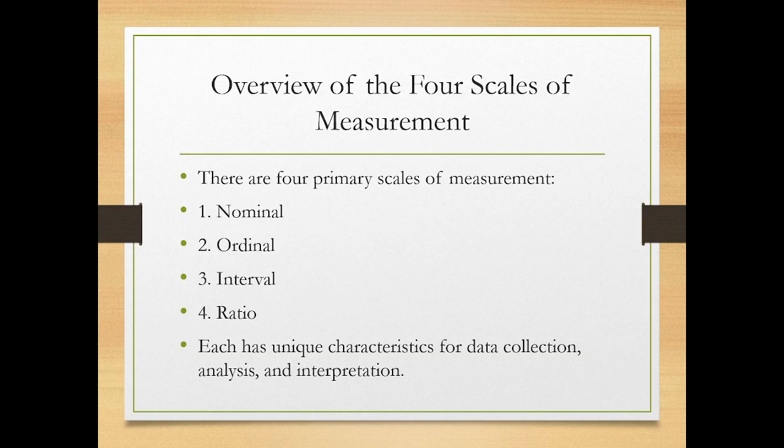So let's go over the 4 scales of measurement again. The first one is nominal scale, ordinal scale, interval scale, and ratio scale. And most importantly, the rules have to be followed in measurement scales. For nominal, any number that is assigned to a variable shows identification. For ordinal, it shows ranking.